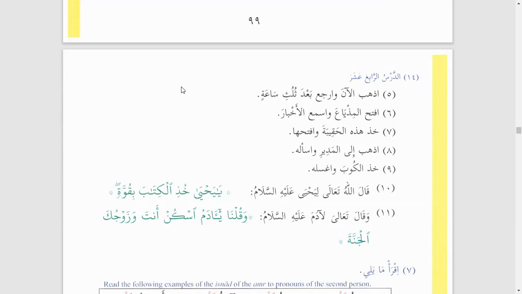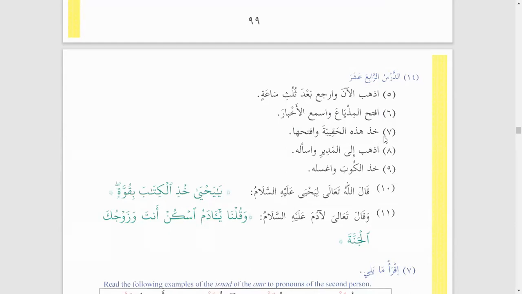So go now and come back after a third of an hour, which is 20 minutes. We have nisfun, thuluthun and rub'un. So nisfun is half, thuluthun is one third, and rub'un is one quarter.